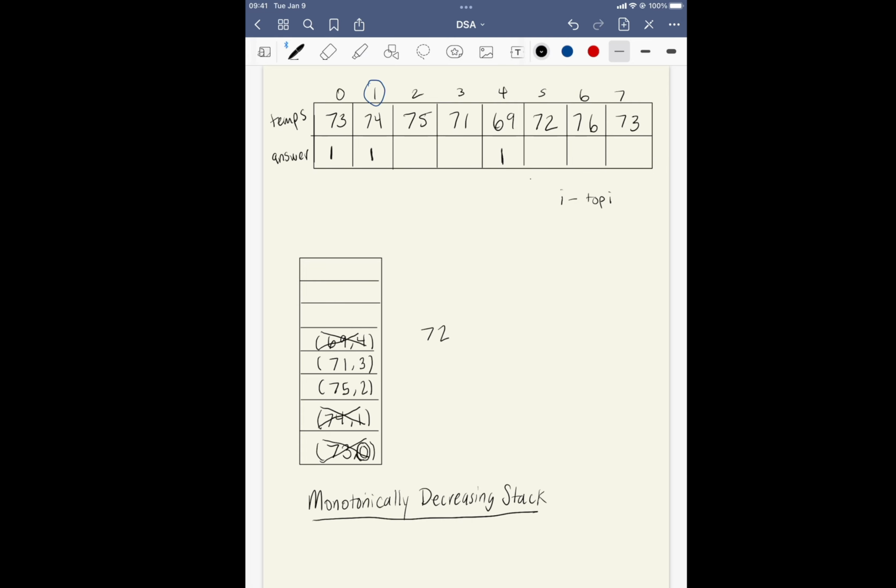So we pop 71 off of the stack. Now we have 71 and 3, and 72 was still 5. So we do 5 minus 3 and we get 2. And that is our answer for the 71 day. So we put a 2 here.